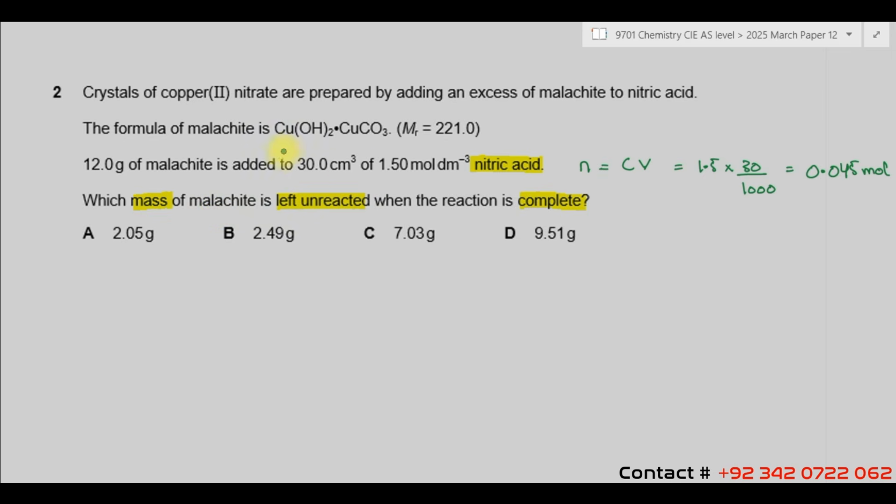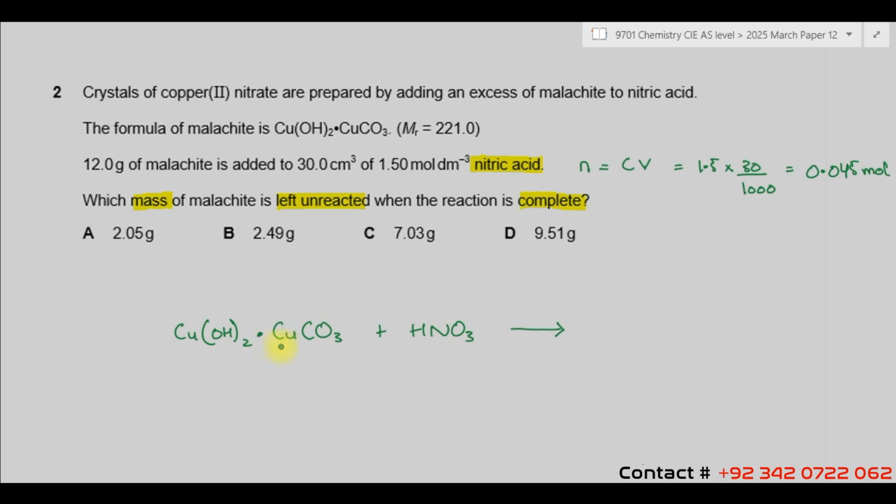Now let's write down the equation of malachite with nitric acid. So we have Cu(OH)2·CuCO3 plus HNO3. Now we can see in the formula of malachite we have two compounds.